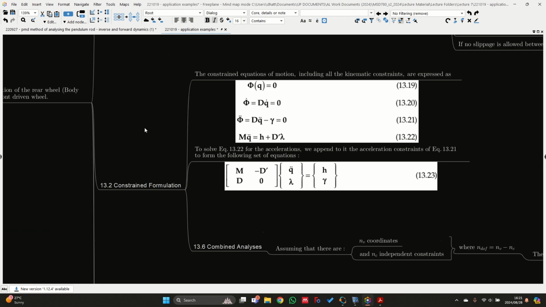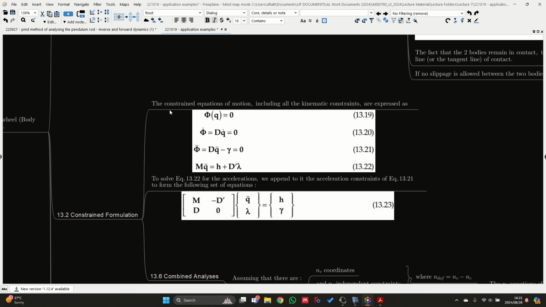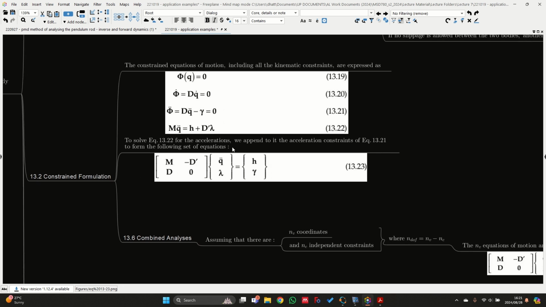Right, so moving on to section 13.2, which now deals with the constraint formulation. We also looked at this previously, but the constraint equations of motion, including all the kinematic constraints, are expressed in equations 13.19 to 13.22. To solve equation 13.22 for the accelerations, we appended the acceleration constraints of equation 13.21 to form the following set of equations.